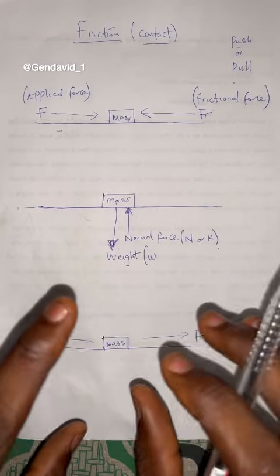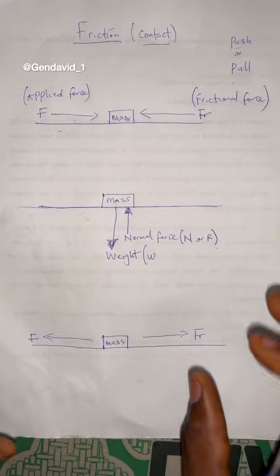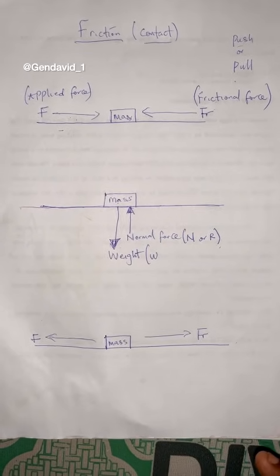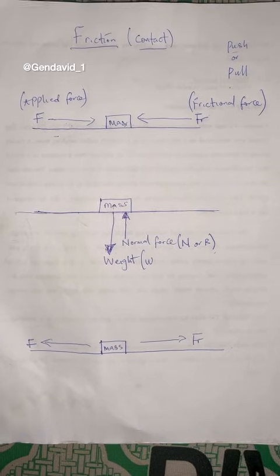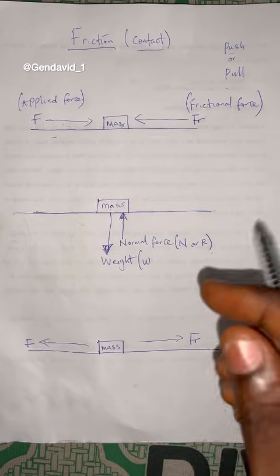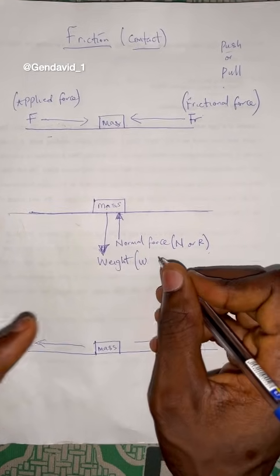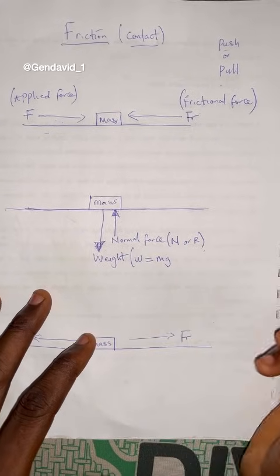Now, I have tried my best to explain how exactly the applied force and the frictional force work. At the same time, I have tried to explain how the normal force and the weight work. And don't forget, constantly we have the weight equal to mass times acceleration due to gravity.